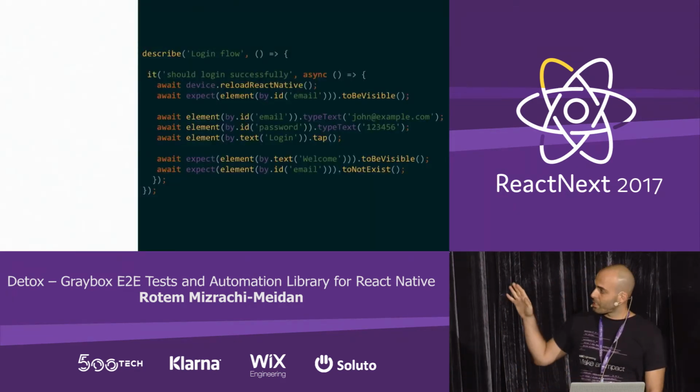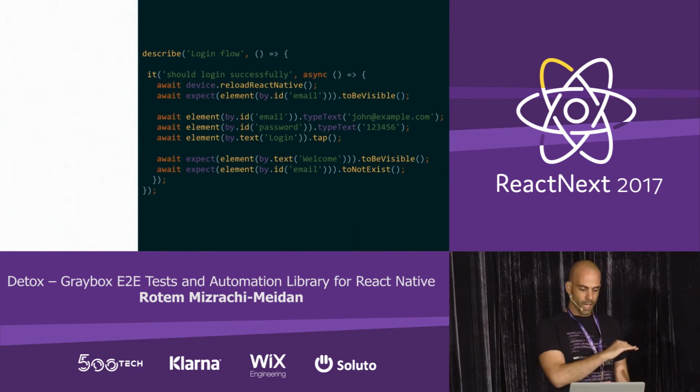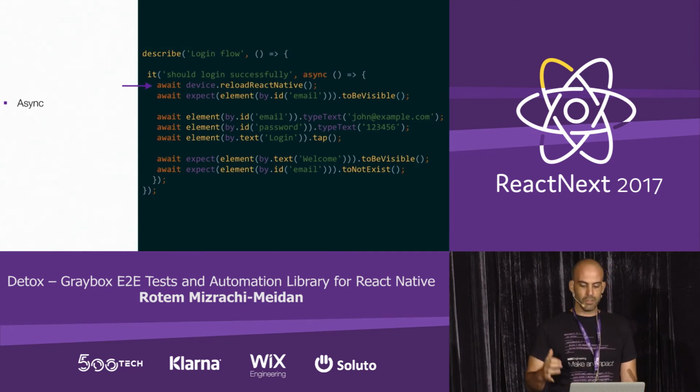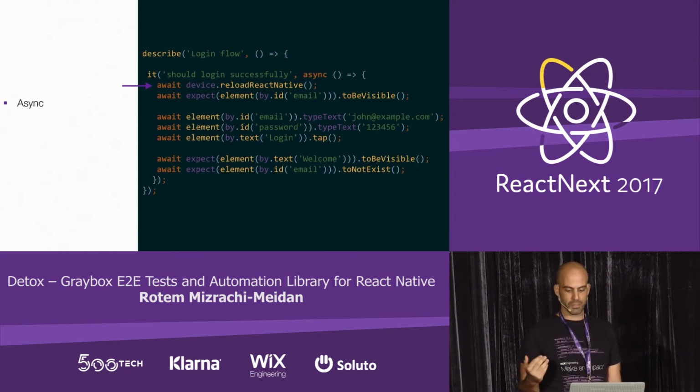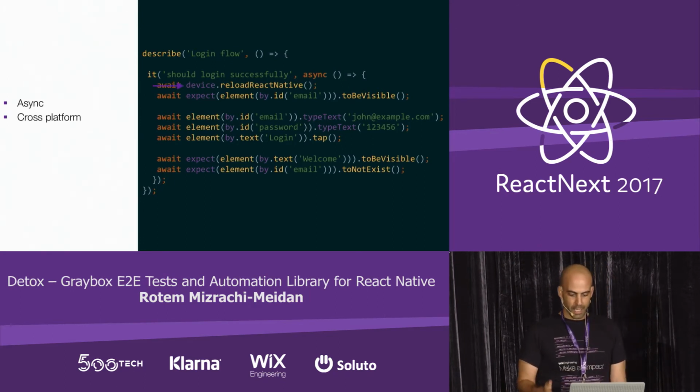So this is how a simple test looks. As you can see, no need to synchronize the app or wait for stuff to finish. Detox is inherently synchronized. So only when things end, it will continue to the next line. It is also cross-platform.